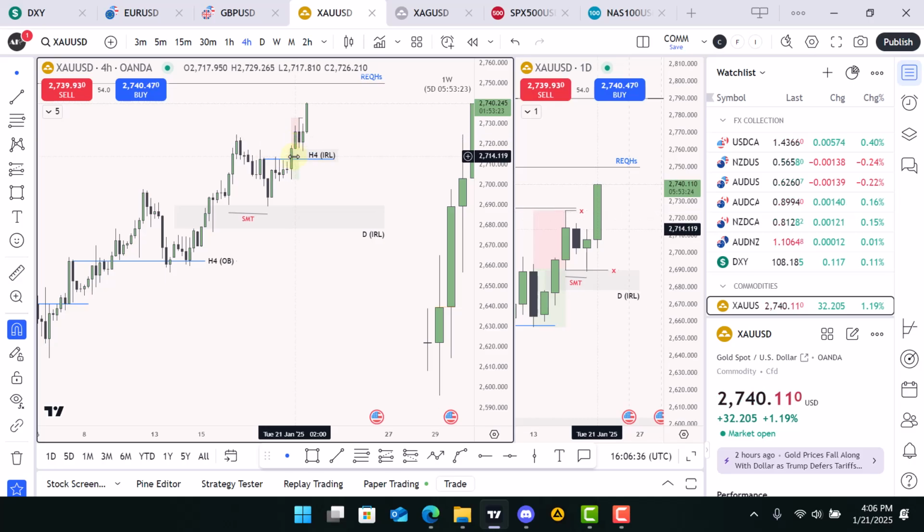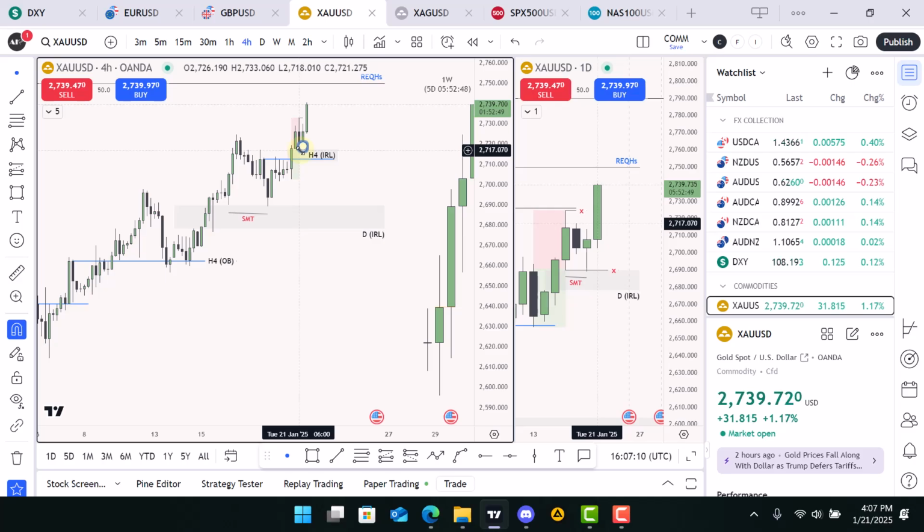After the 10 p.m. Monday, sorry, after the 2 a.m. expansion candle on Tuesday, you can see that the 6 a.m. candle provided a retracement. Always keep it in mind: in the market cycle, after expansion, there is a retracement.